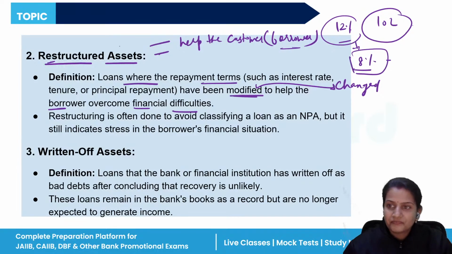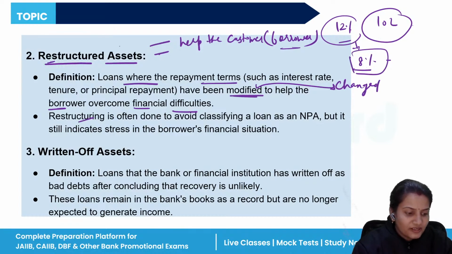The bank will say to the borrower, I know that your business is not working well. You're not gaining a lot of profit. You're incurring more losses rather than profit. Okay, I'm decreasing the interest rate. Now please repay my loan. So basically, restructuring is done for what?